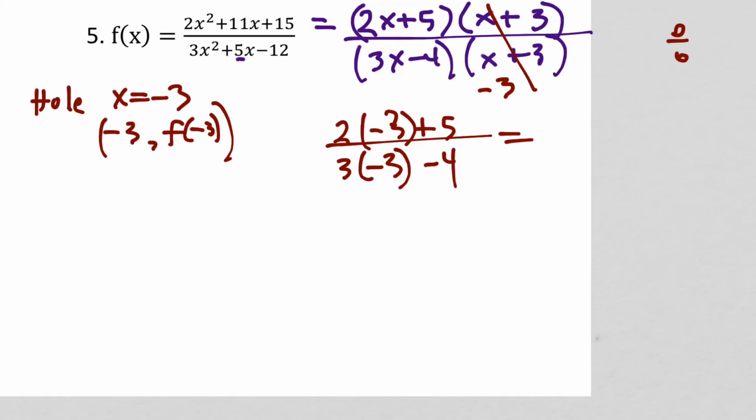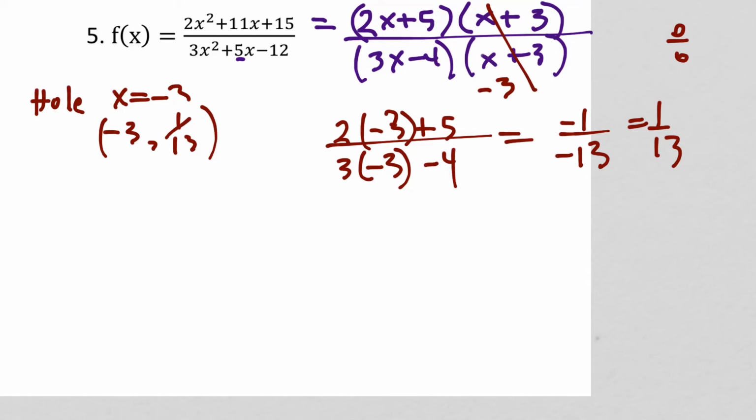So that's negative 6 plus 5 divided by negative 9 minus 14. So let's just go ahead and say f of negative 3 is going to be 1 over 13. So it's a small value. All right, so I'm going to have an empty circle there at that point on my graph. Negative 3 for your x value, 1 over 13 for your y value.